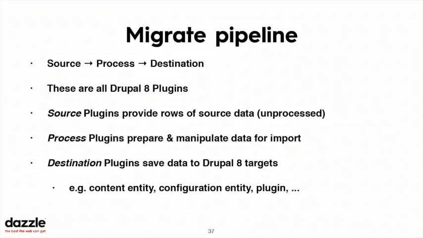You would specify which process plugin or multiple process plugins to use for each property in your data to manipulate it and prepare it for import. And then you specify which destination plugin to use, meaning what Drupal 8 target will you save your data as. This could be a content entity, could be a configuration entity, could be a plugin, or could be something custom.